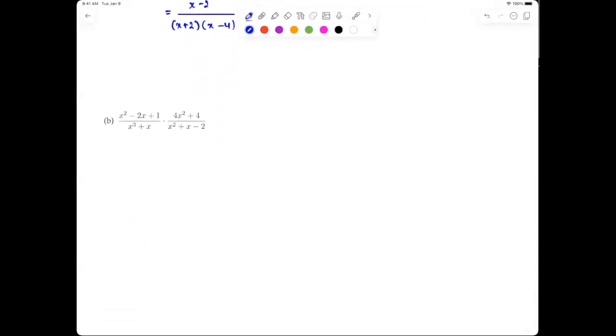Again, you have two rational expressions multiplied together. First, factor the numerator and denominator when possible. So the x squared minus 2x plus 1 gives me (x minus 1)(x minus 1) over x times (x squared plus 1). So in the denominator of the first rational expression, x is a common factor.